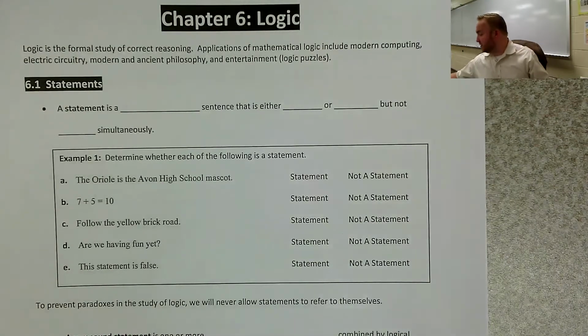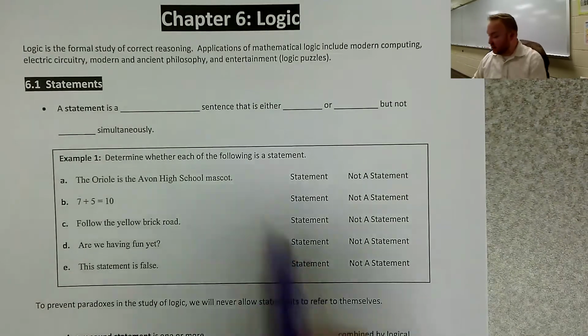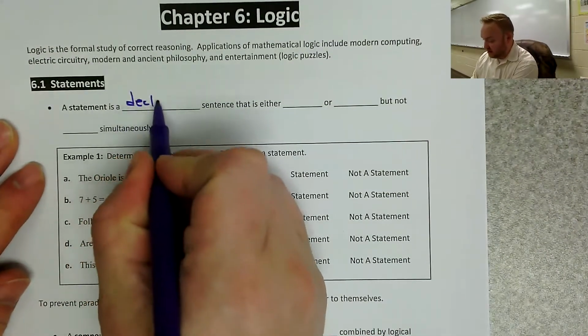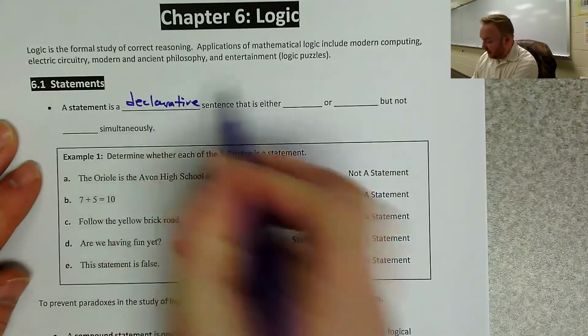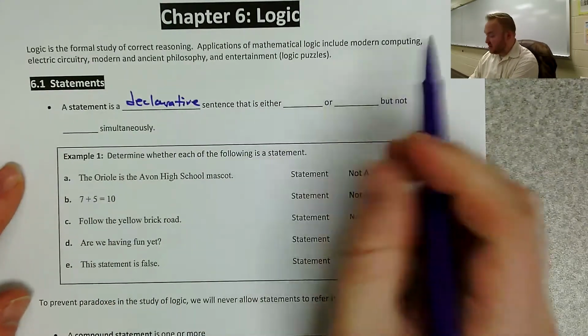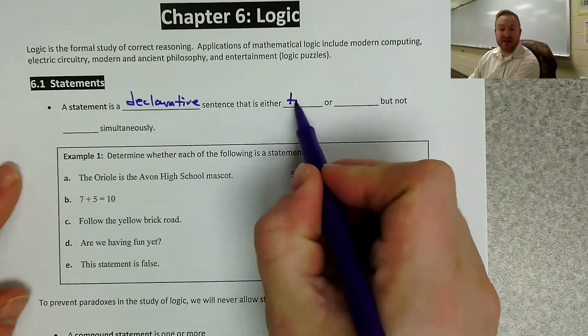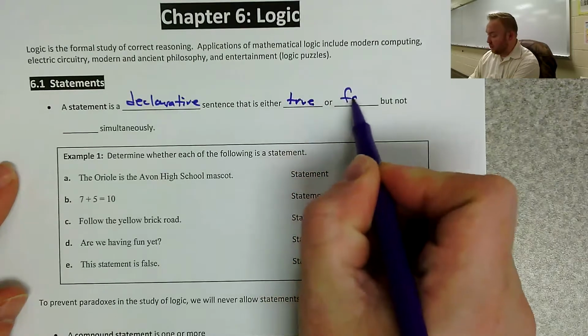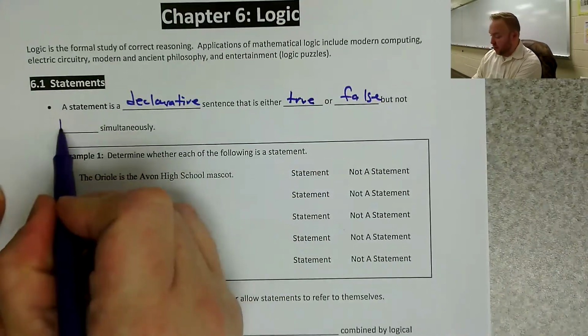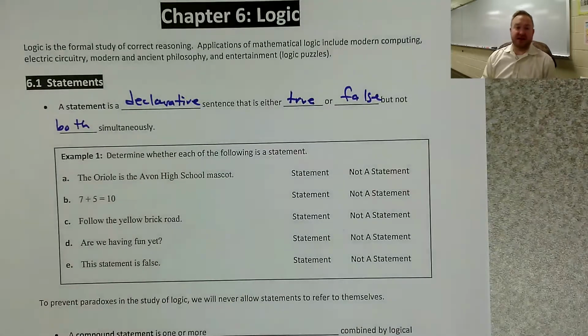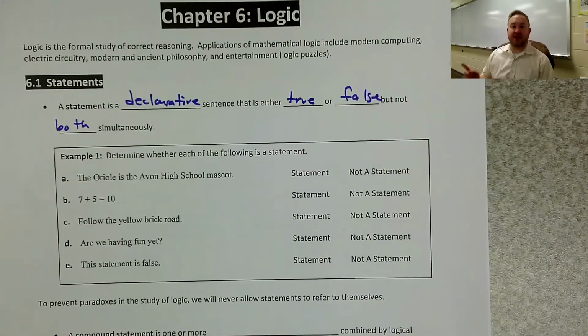Okay, so first of all, a statement is a declarative sentence, and by declarative, I mean that sentence can be validated as either true or false, but not both simultaneously. Now, you might be asking, how can something be both true and false at the same time? We'll see that in a minute.